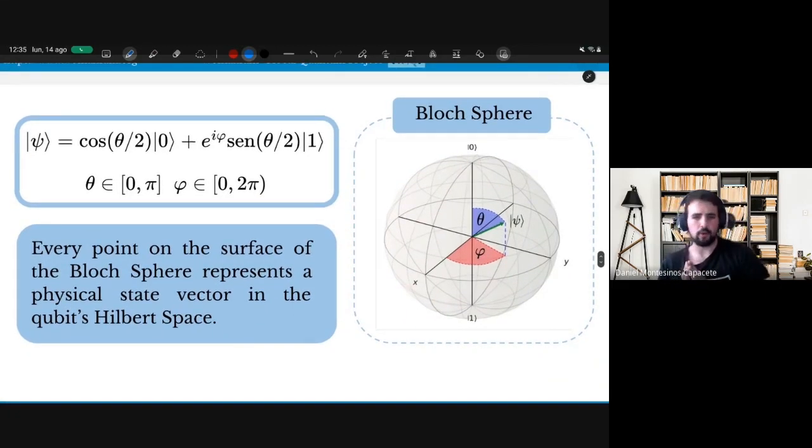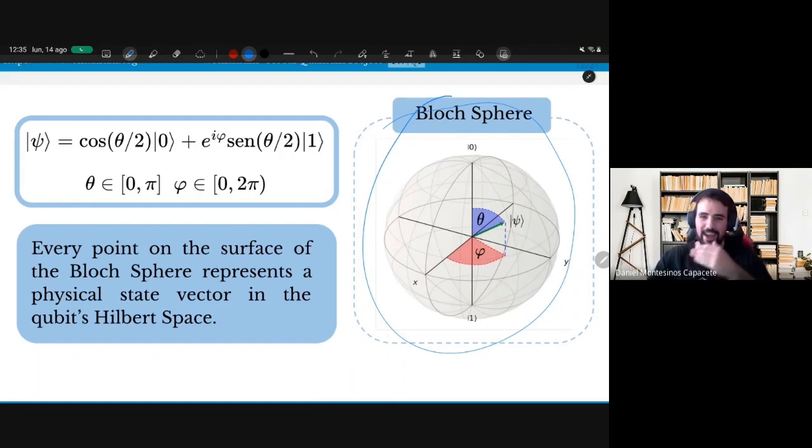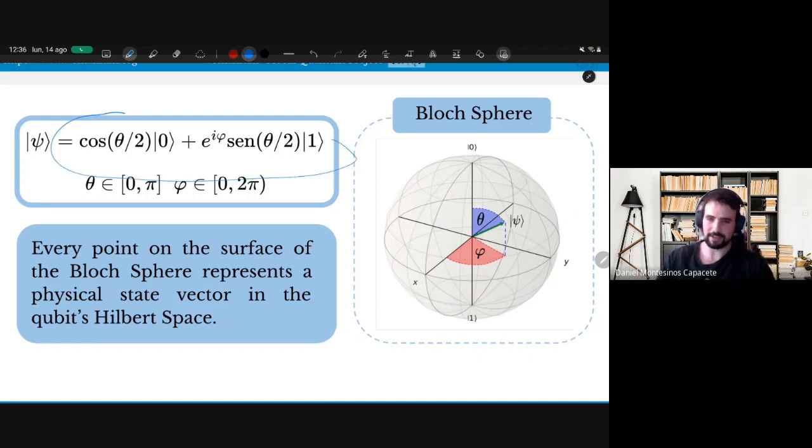But before going into the examples, let's try to understand this. So why is this interesting? And why is this called the Bloch sphere? In order to introduce the Bloch sphere, first we have to do this change of coordinates that we have just done.